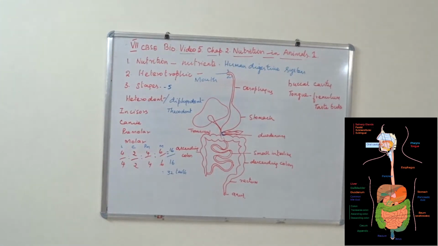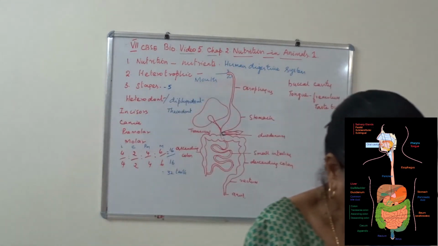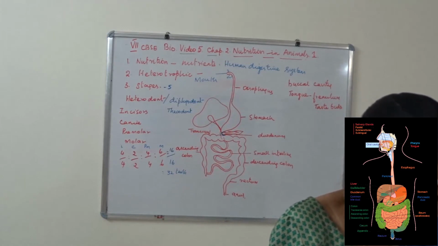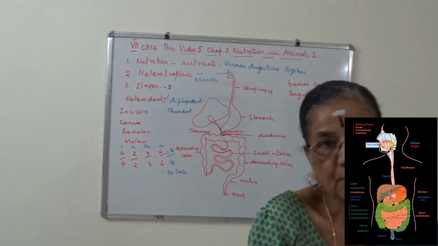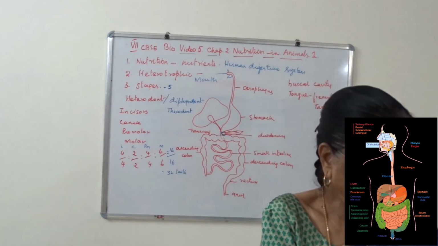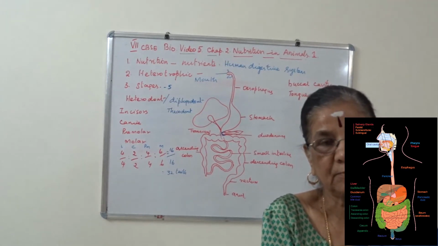I hope you understand. So now in our textbook, as activity 2.2, page 12, there is a table given. You please fill it up. Page 12, how many kinds of teeth do you find?